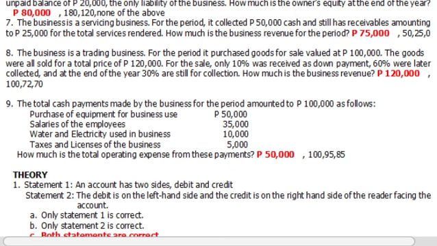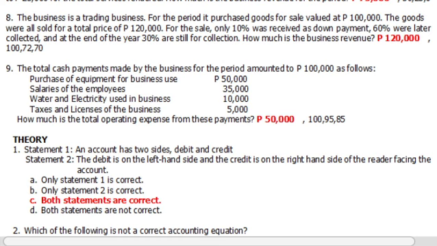So yung question dito, how much daw is the revenue? So based sa ating given, itong 100,000, ito yung tinatawag na cost of sale or cost of goods sold. And then the goods were sold for a total price of 120,000. Ibig sabihin ito yung sales price natin or ito yung tinatawag na revenue.